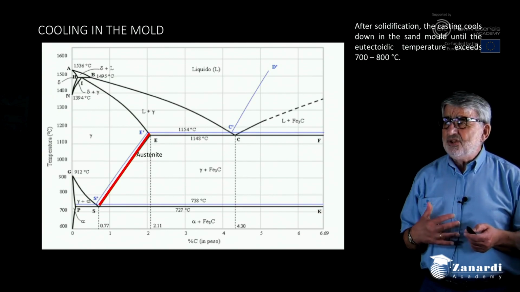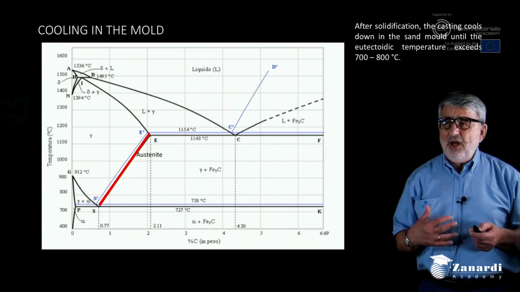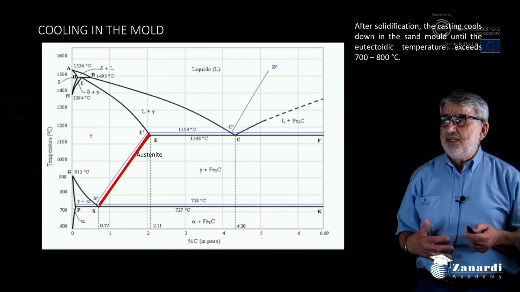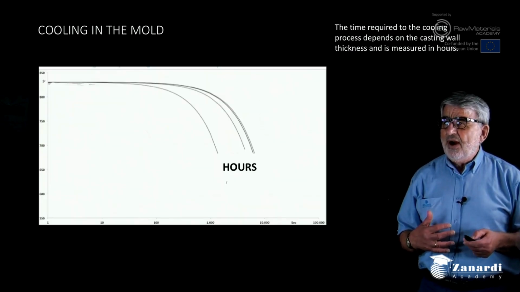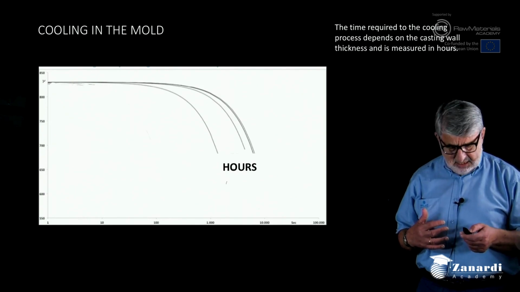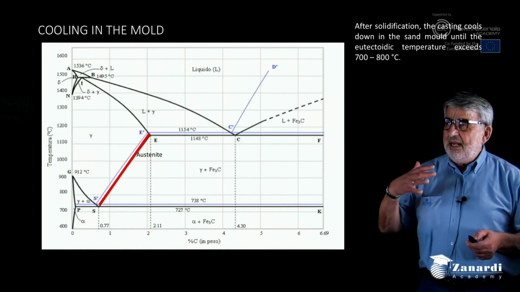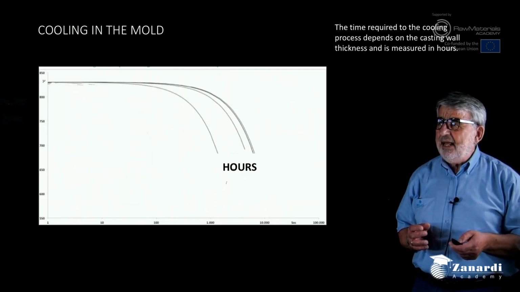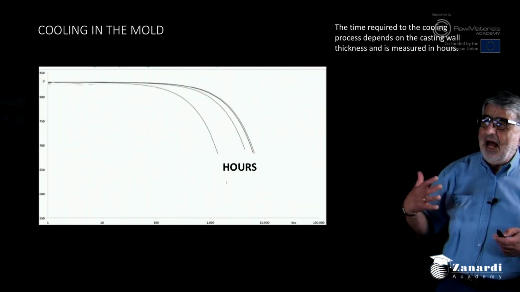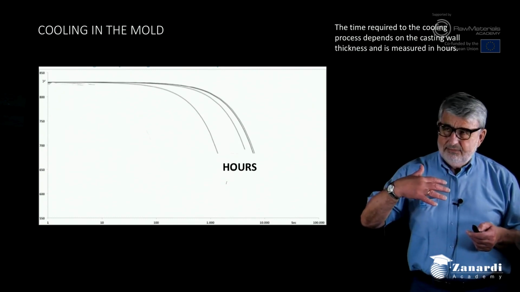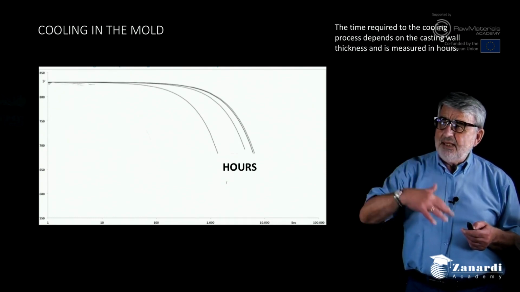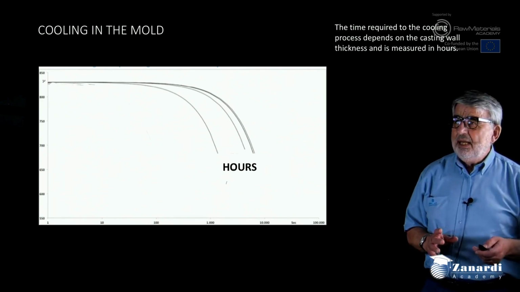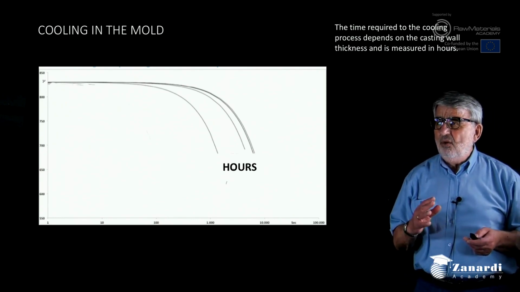This eutectoidic temperature is the temperature at which we experience the transformation of the austenite to ferrite and perlite. So in this next slide, we see how this cooling from the eutectic temperature to the eutectoidic temperature in the mold depends on the wall thickness.